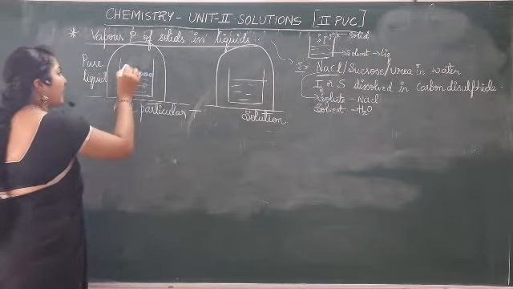Volatile means they try to evaporate. So all these molecules evaporate, and their molecules can be found in the vapor state. So the vapor pressure will be high.